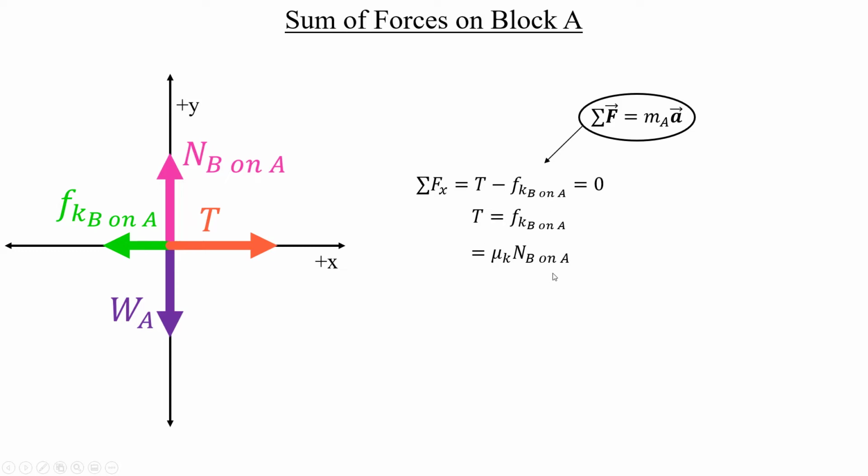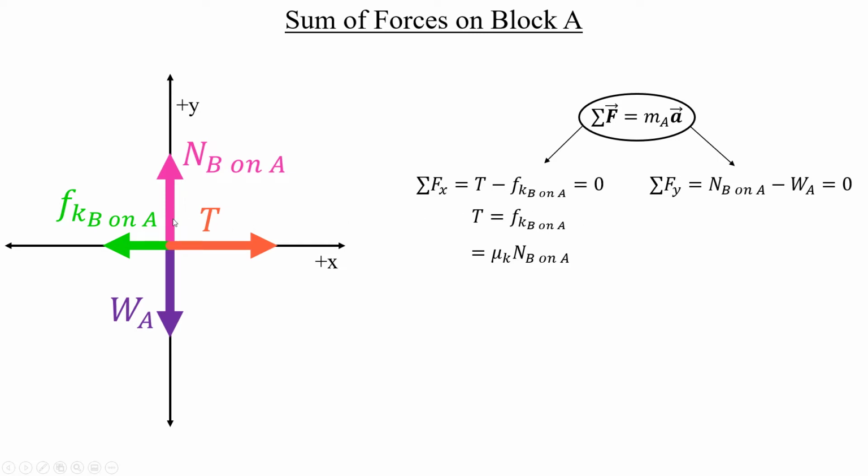You can label it whatever you want, but honestly, we don't even know what it is yet, because we haven't moved into the sum of forces in the y direction. So let's put a pin in this expression right here and come back to it once we know what n is. So moving into the y direction, things are very simple.